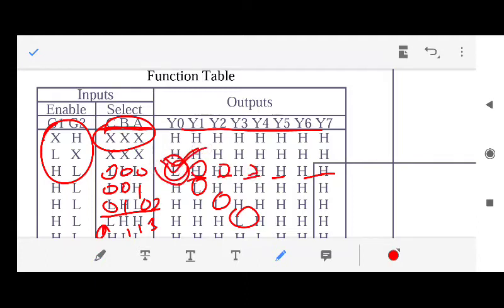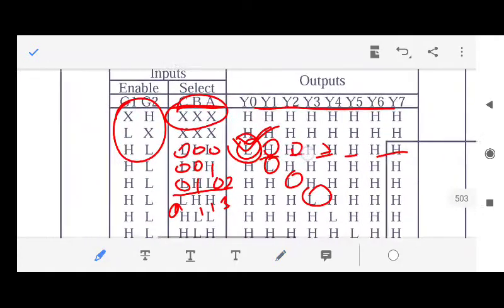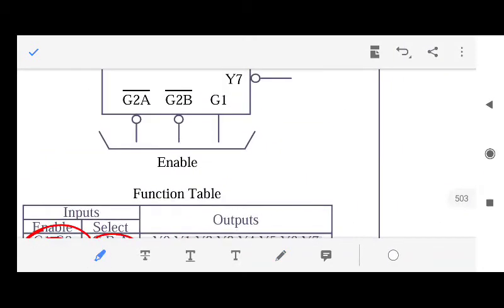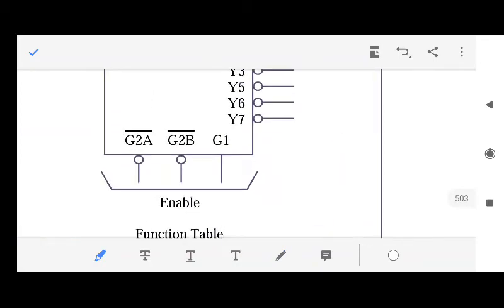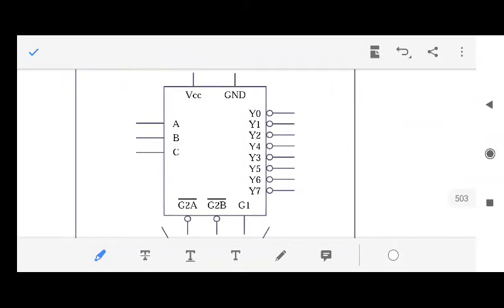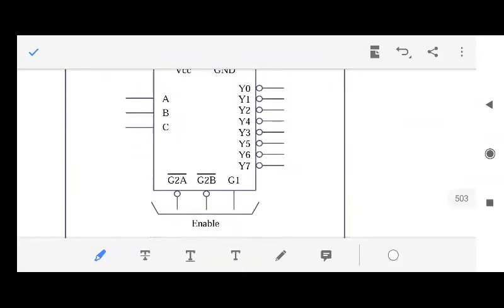Fine, this is the same thing which I am explaining, but in this table these two signals are extra, that is G1 and G2. What are these? These are nothing but the enable signals. Every chip, please remember, every chip in a system will have an enable signal.